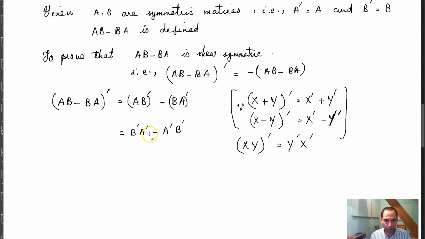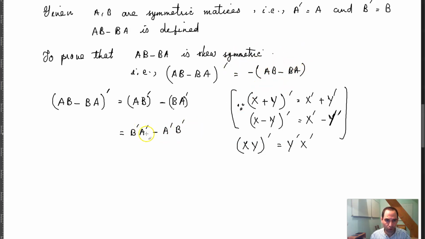And you know that B prime and A prime are equal to, and you want to prove this.